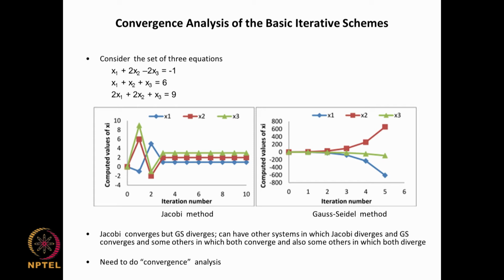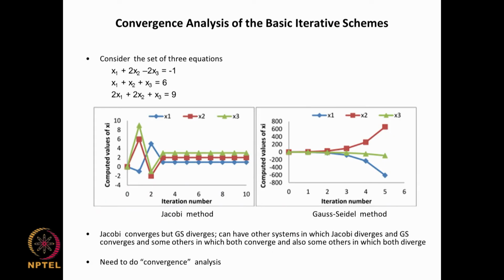To write a program for Gaussian elimination will take a lot more effort than for the Gauss-Seidel or Jacobi method. But for the simple 3 by 3 case that we have seen in this class, we can see that the method is not converging, and we also made the point that this is only a special case, and there are problems where the Jacobi method will not converge and the Gauss-Seidel method will converge.